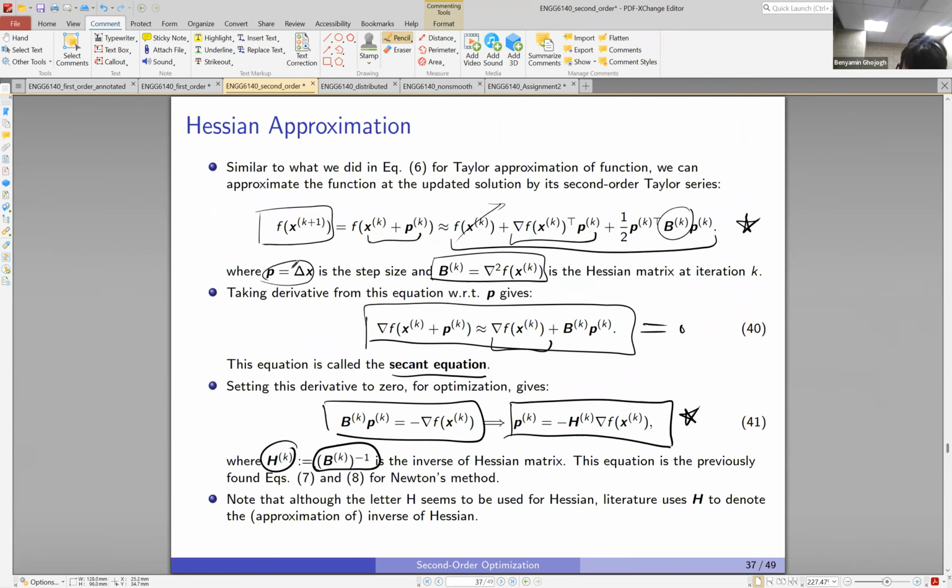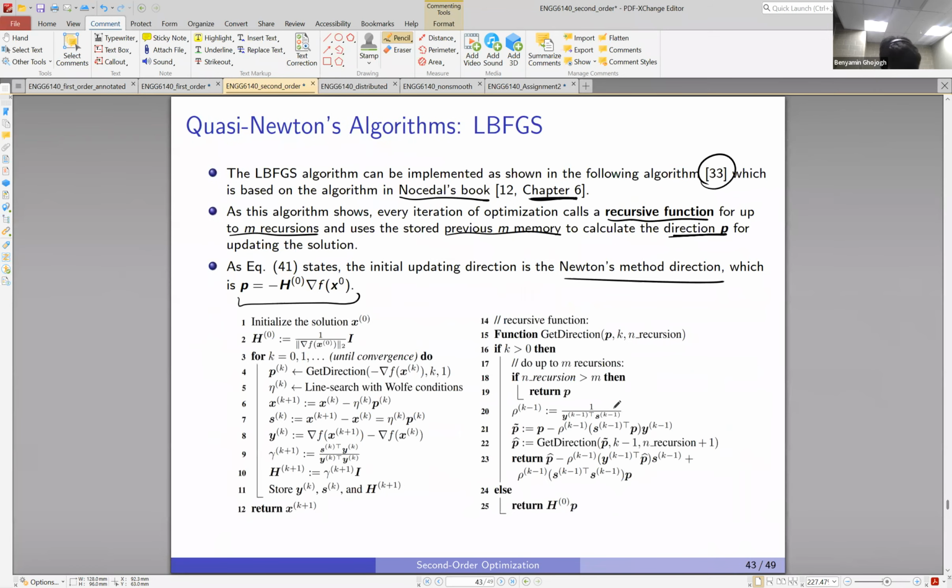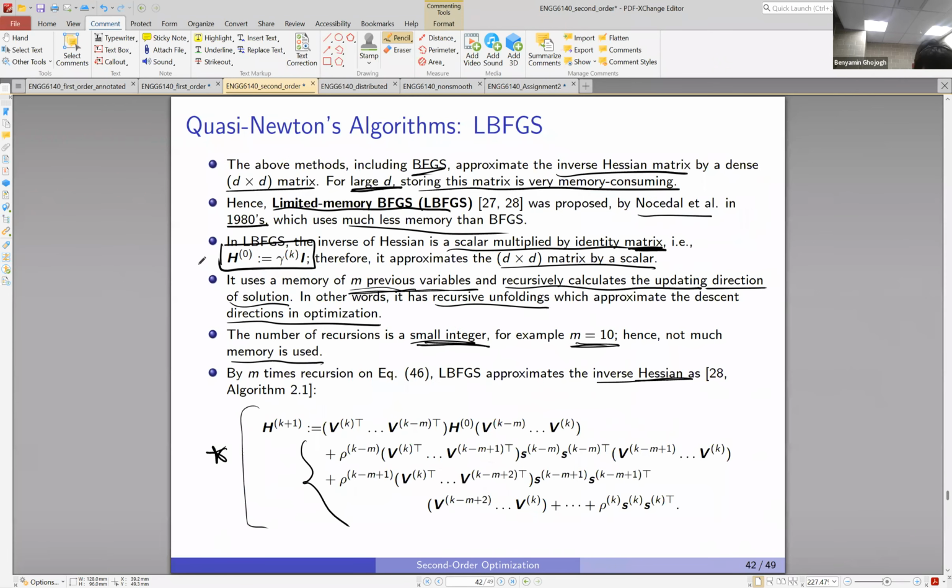Let's go back here. As we had here, for the initial p we use this: minus Hessian inverse times gradient, as we have in Newton's method. So initially H is just a scalar times identity, as we have here.